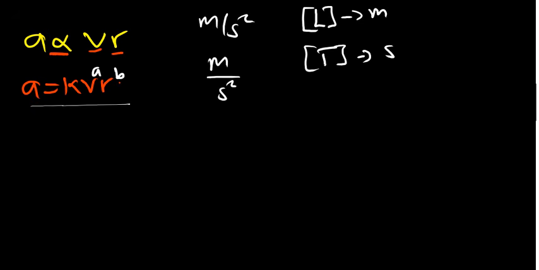Meaning that acceleration is going to be length divided by time squared, and it has to be equal to k v to the power a, then we have r to the power b.